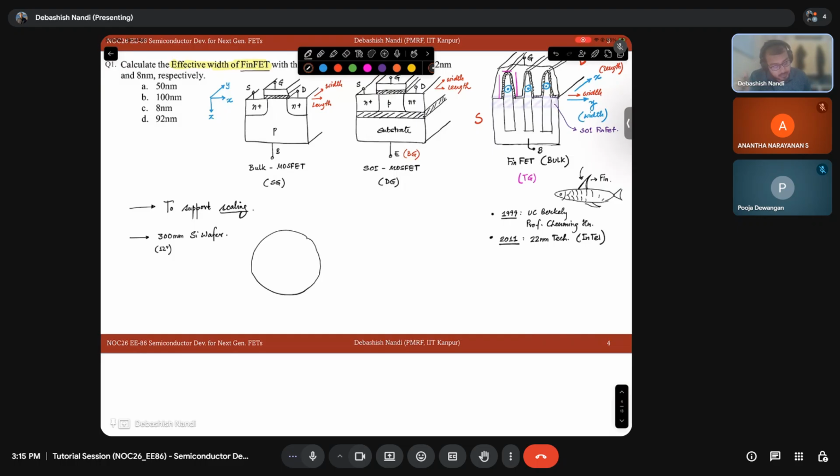Now let's say a very small IC I have fabricated on that, and let me zoom into it. And let's for the time being assume that this particular block has one transistor. So I'll see something like this.